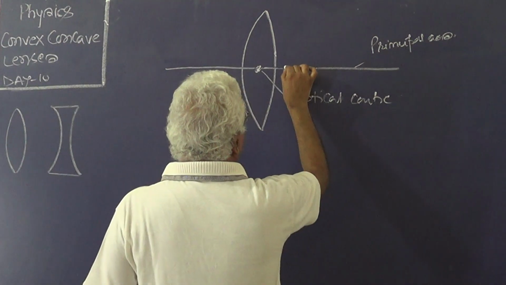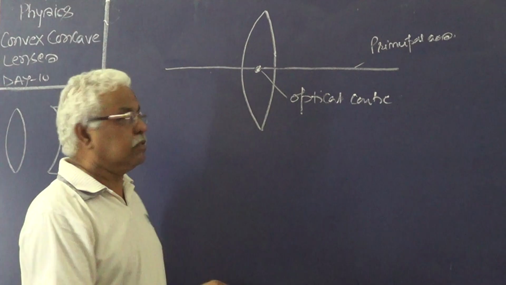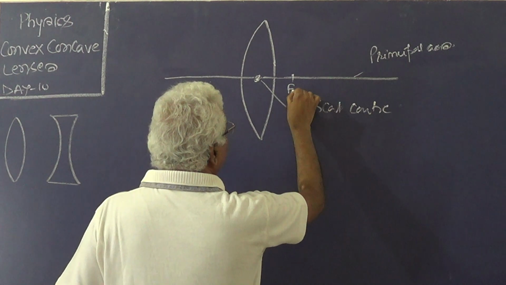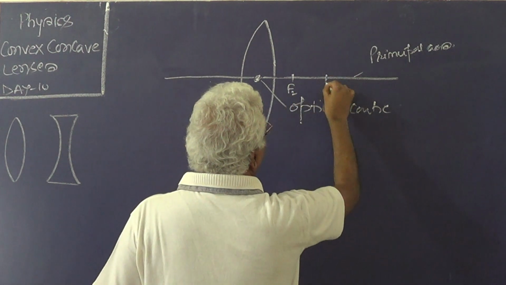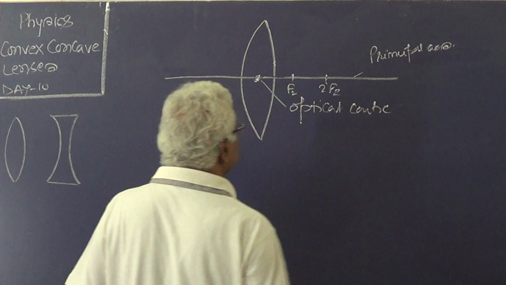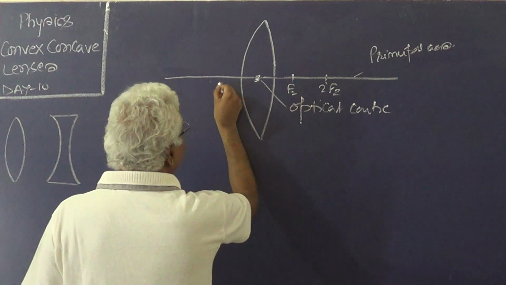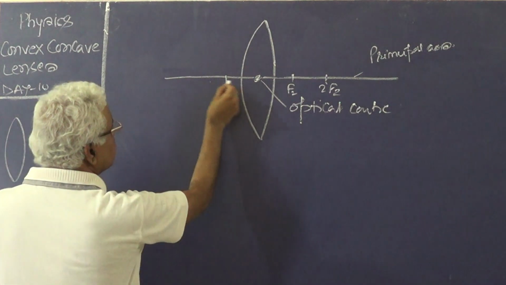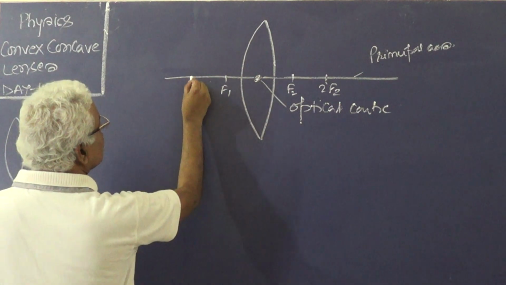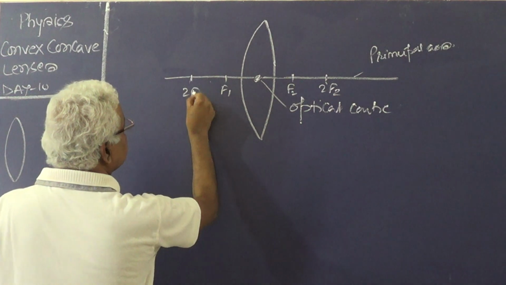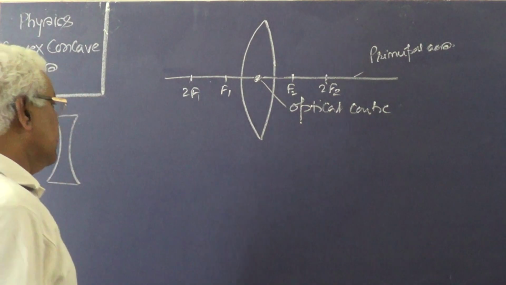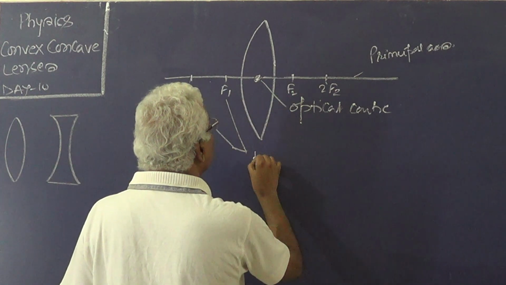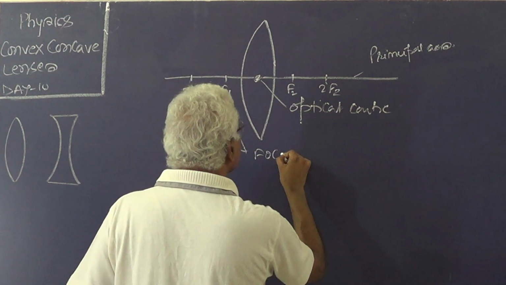Now, here, take it equidistant. Say it is your F2 and 2F2. It is a foci. F1 and again equidistant 2F1. It is a foci.